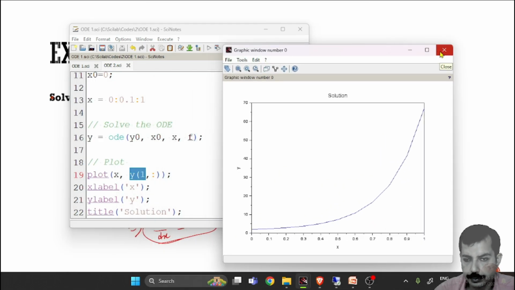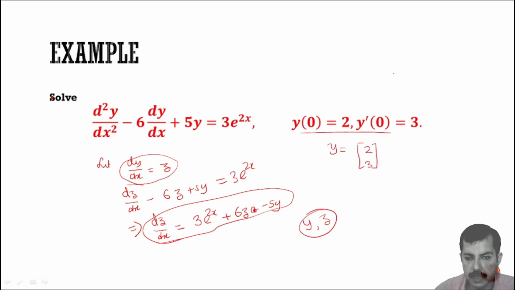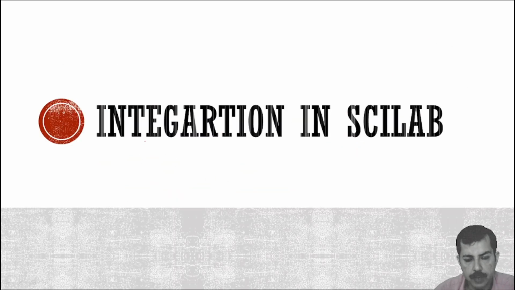Next, the next part is integration in Scilab. Suppose I want to find the value of a definite integral from a to b of f of x dx. To integrate this numerically, I can use the simple command intg with a, b and f.